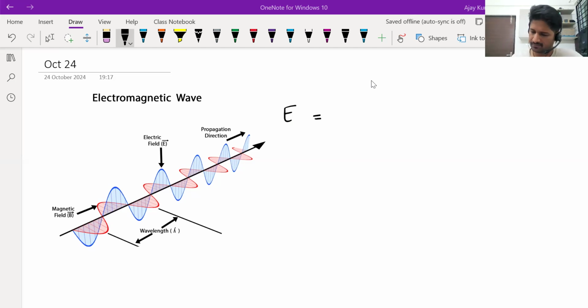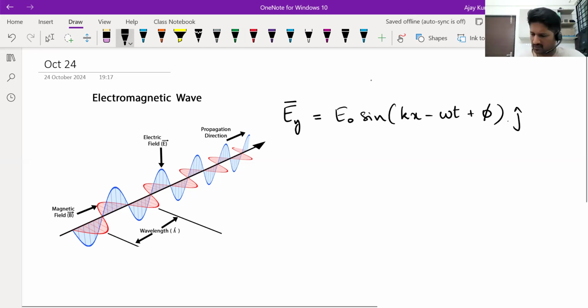E naught sine omega t minus kx. Yeah, whether you take omega t minus kx or kx minus omega t, it's fine. It's just a matter of phase. You ensure that the coefficients are of opposite sign, then it is traveling in the positive x direction, plus some phase constant. Fine. Let's say this is the electric field in the y direction, so you can put a j cap here.